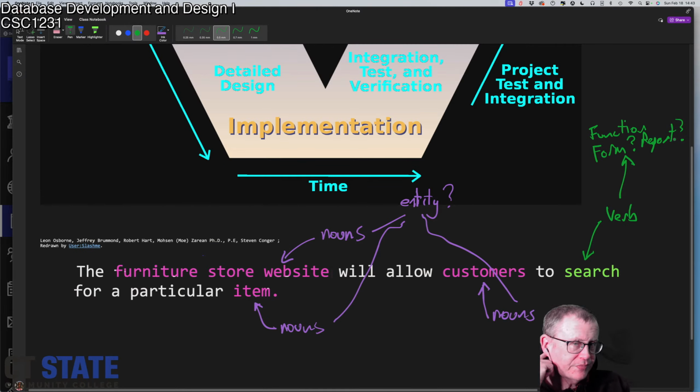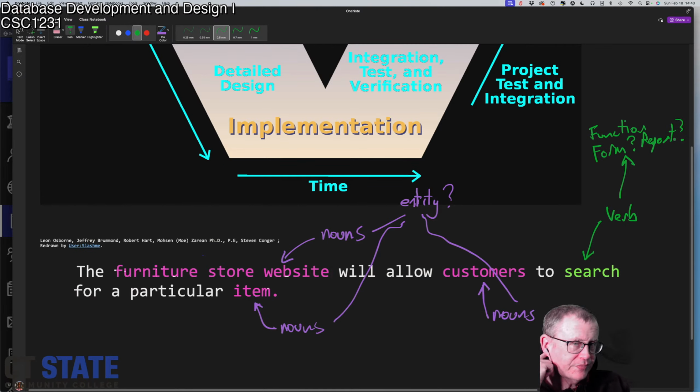And you may want to write a sentence about what this website, the furniture selling website, will do in order to identify some of those entities or attributes or functions.